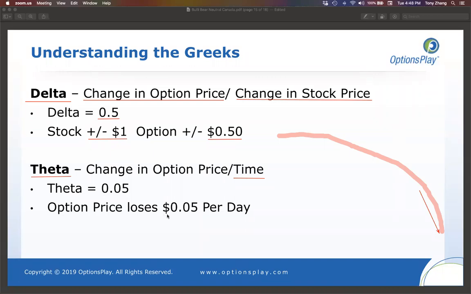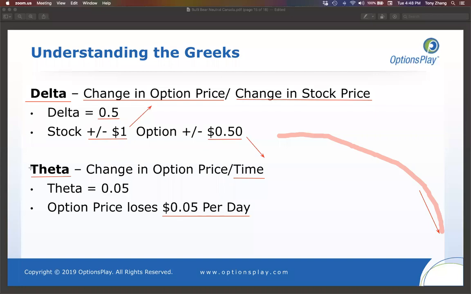So if you see a theta of 0.05, that's telling you that the option is losing 5 cents in value per day. You might have a $1 move in your stock that results in a 50-cent increase in the option price. But if the stock makes that $1 move over 10 days, the delta will basically be offset by the theta, and the two will effectively cancel each other out.